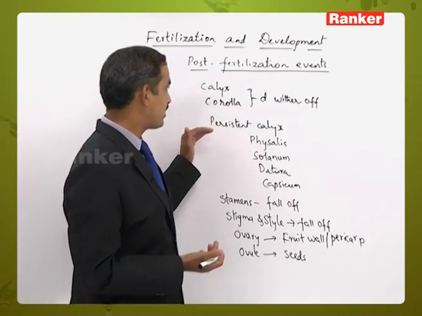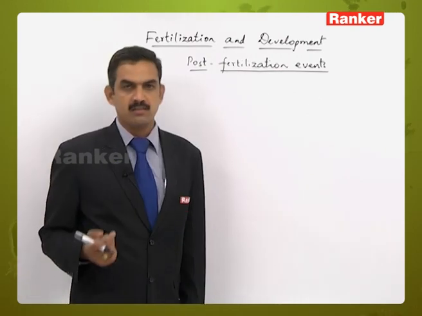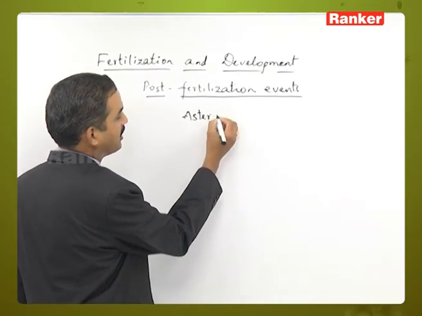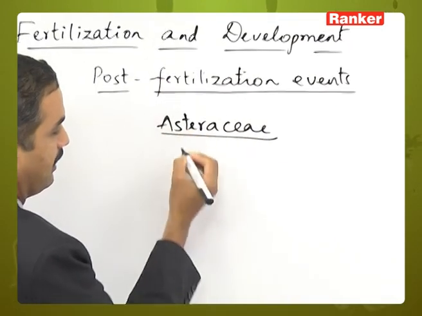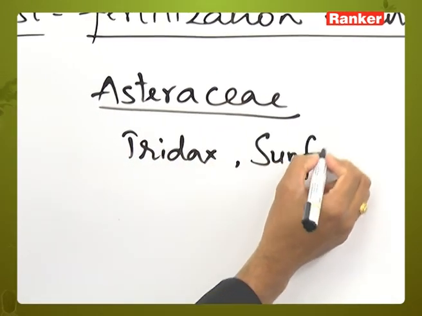So let us see the other changes which are taking place as a result of the fertilization process. There is one plant belonging to, we can say, the majority of the Asteraceae family members like Tridax, sunflower.